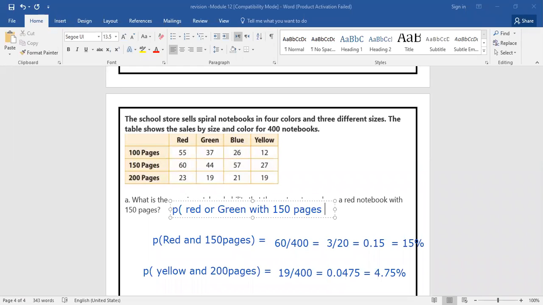So the answer will be how many? Red or green with 150 pages.